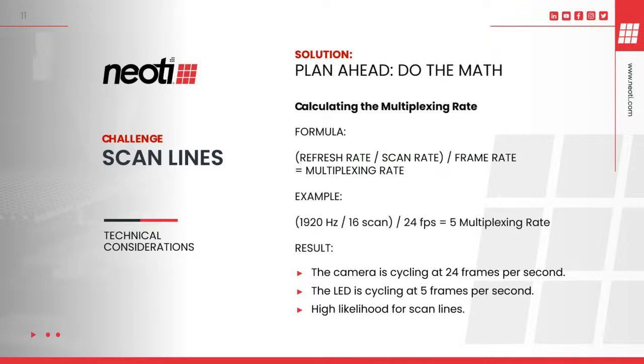So the ideal multiplexing rate is higher than the rate you're shooting in. If we change the 1920 to 3840, we'd be closer to 10, or even higher. So you just want to make sure that your multiplexing rate is higher than your rate of shooting.